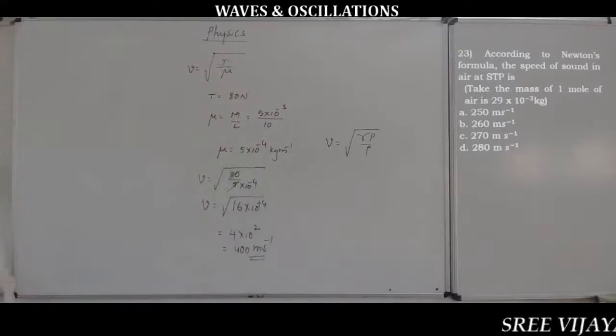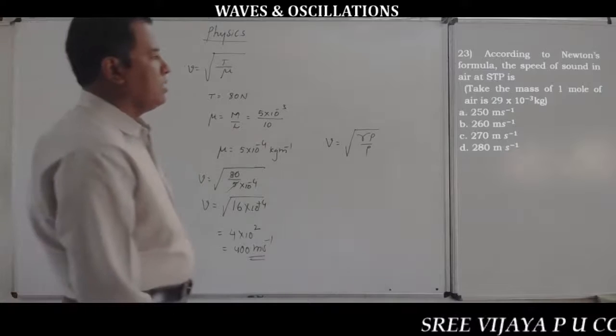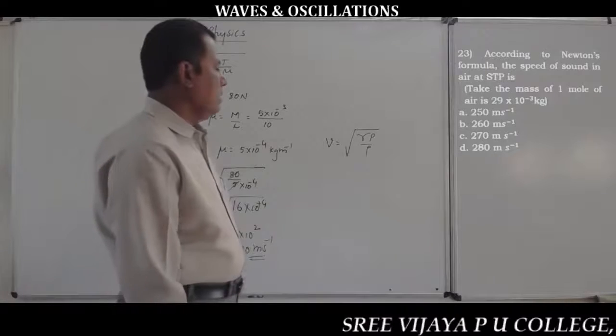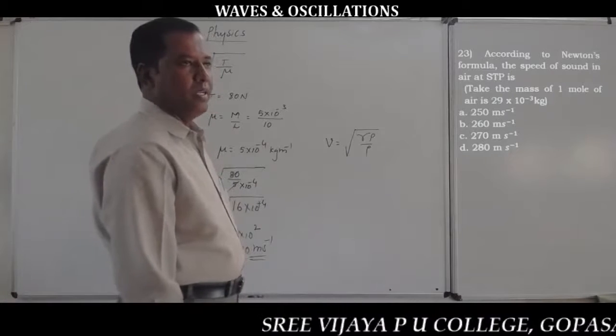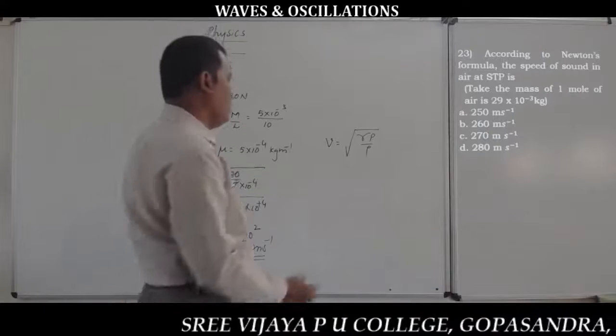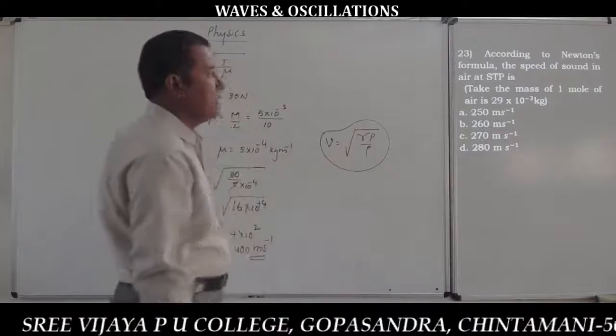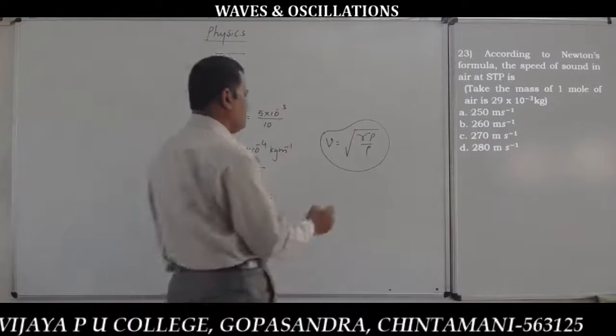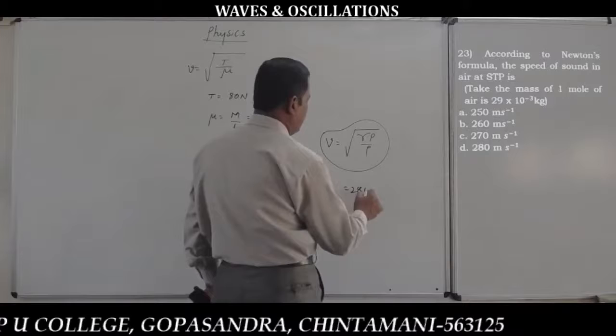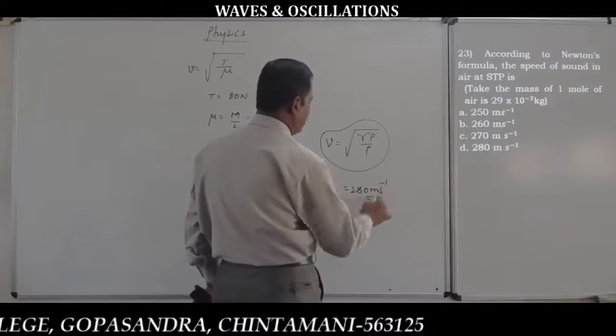Gamma is 1.4, pressure 1.013 into 10 power 5 Pascal. Density is 1.293 kg per meter cube. Already we have discussed and we have found the value of speed of sound in air using Newton's formula, so it comes out to be 280 meter per second.